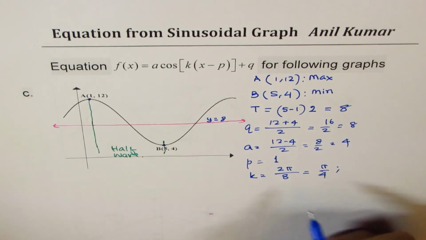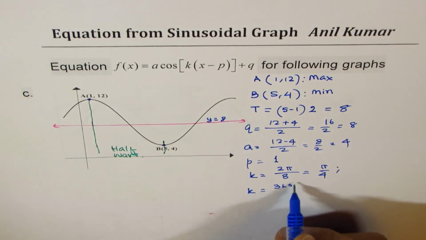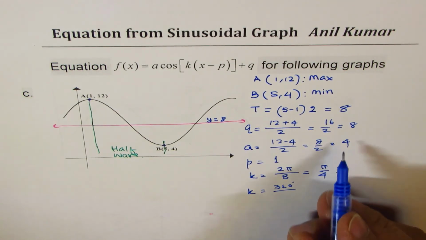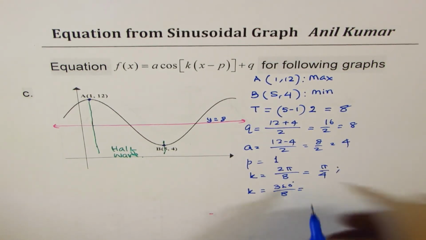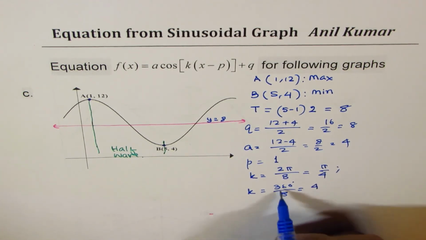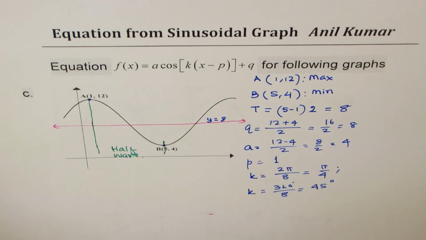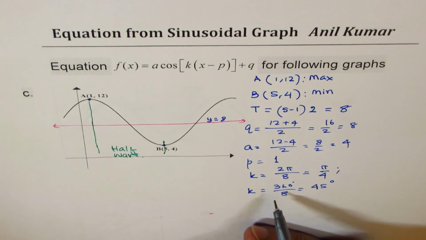If you're working in degrees, let me write here, then it'll be 360 degrees divided by the time period 8, right? And that will give you 45 degrees, which is same as pi by 4, correct? So you have all the things required to write down the equation.